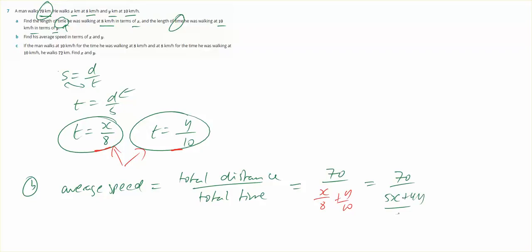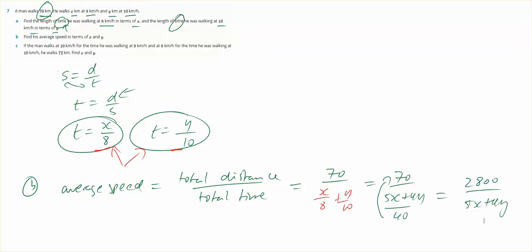I'm simply combining the fractions together. Now here's a little neat trick, I can move this up to the top here. You can do whatever way you want, but that's just a trick I've learned. So 4 sevens are 28, so 2800 divided by 5x plus 4y.